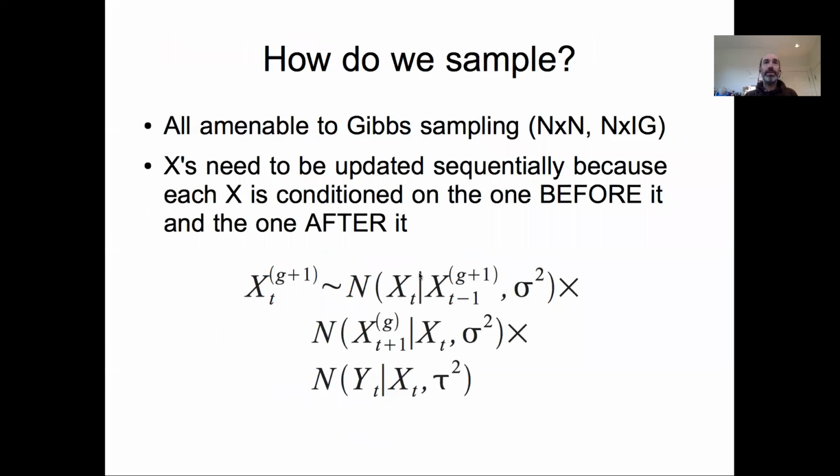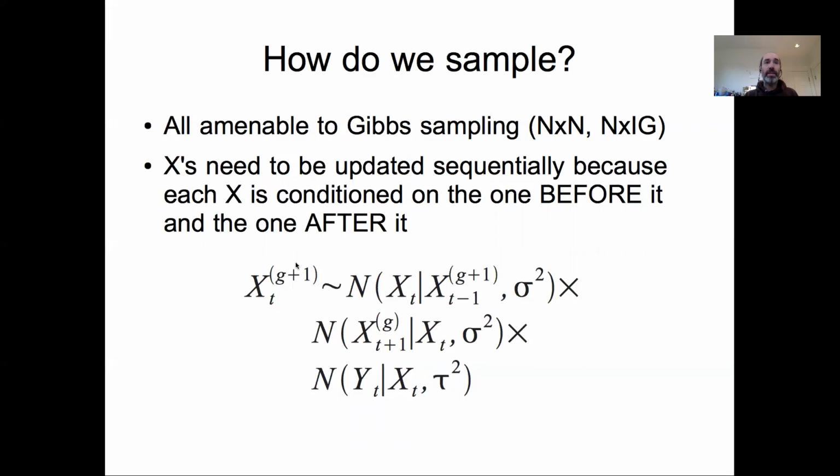So how do we sample from this? As we talked about when we went through each of these cases, all of them are amenable to Gibbs sampling. They were all normal or normal inverse gamma. The one trick here is that because you're doing things conditionally, each x needs to be updated sequentially, because each x is conditioned on the one before it and the one after it.